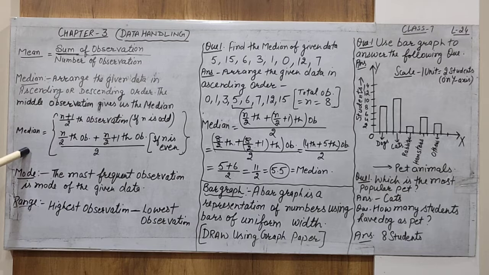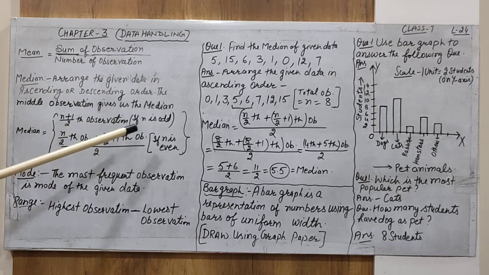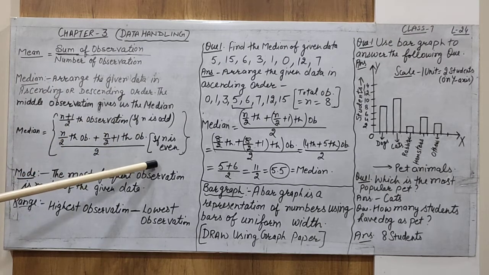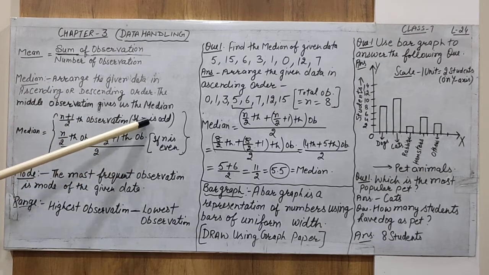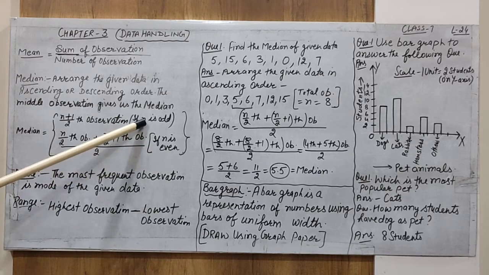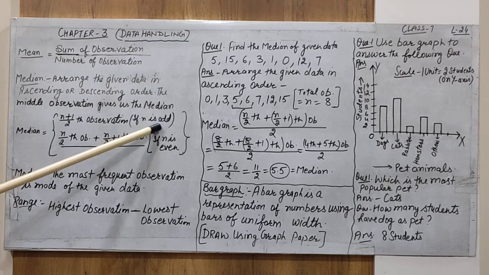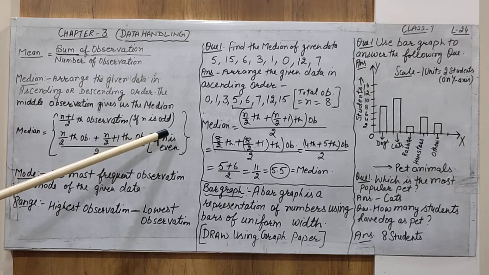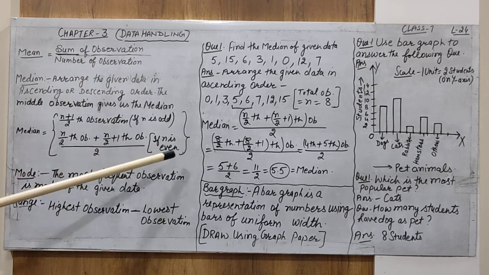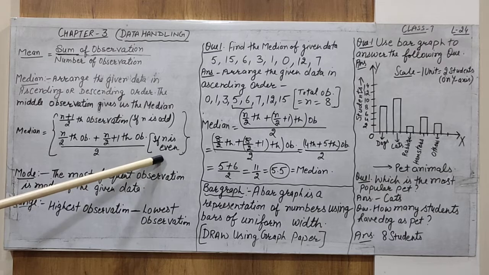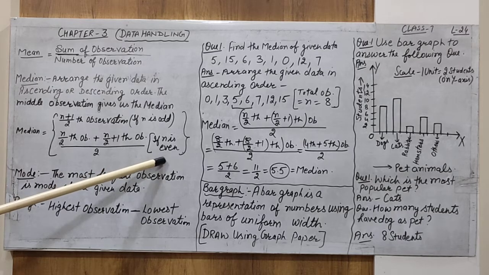Now, we can use a formula to find the number of the observation which acts as the median, or the middle observation. The observations are either odd or even. First of all, you must count the observations. Odd means 1, 3, 5, 7, which are not divisible by 2, and even numbers are 2, 4, 6, 8.